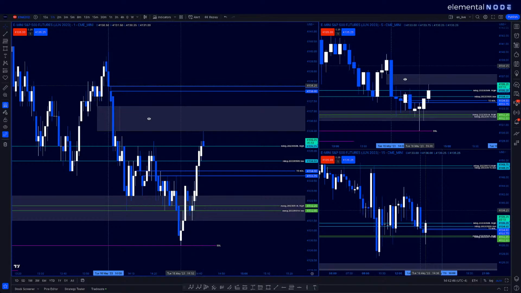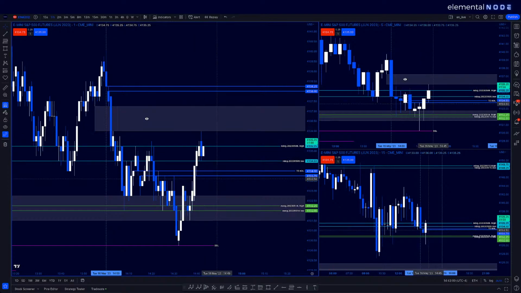41.36. So it looks like we had a small, tiny reaction to that low. That's not to say that it will reverse there. Alright. Looks like it wants a little bit more maybe.